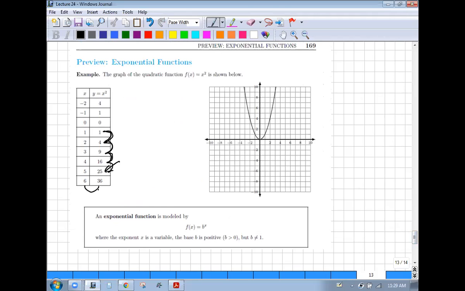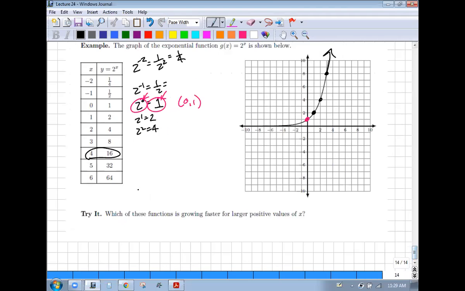Once you get 6, 6 squared is 36, but 2 to the 6th is 64. So you can see that right there at x equals 4, that's where x squared is equal to 2 to the x. After that, the 2 to the x gets bigger much faster.